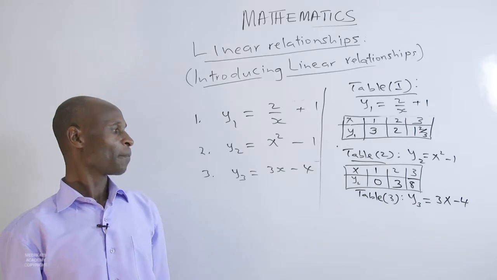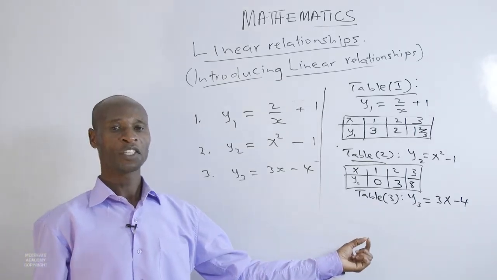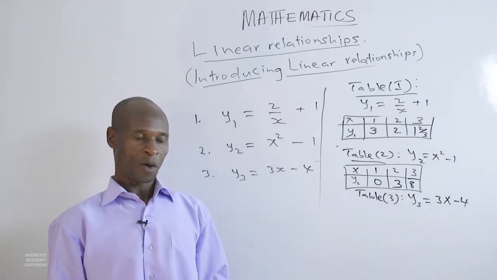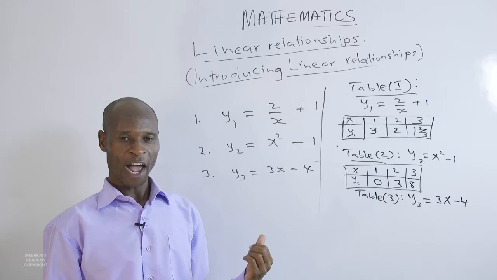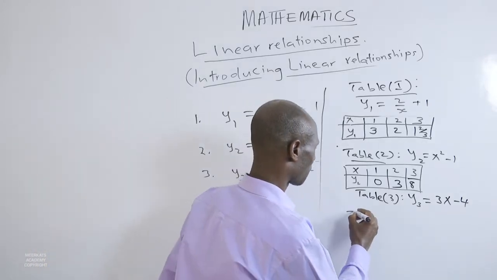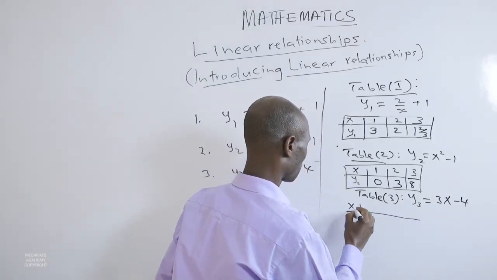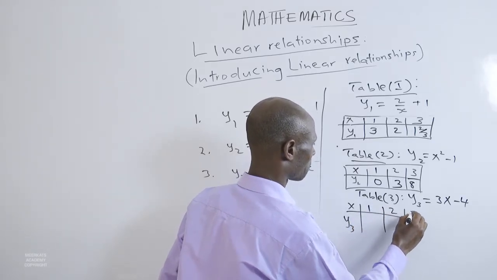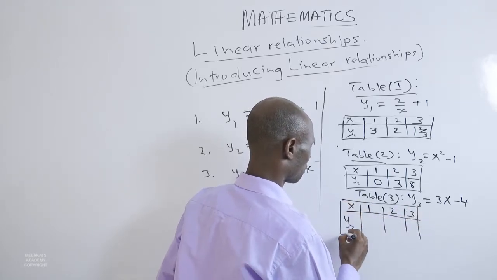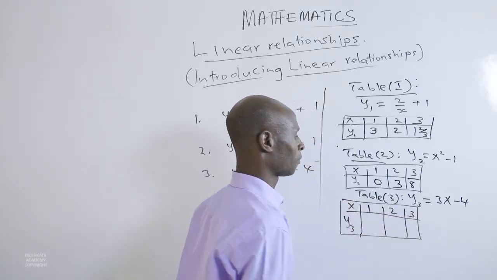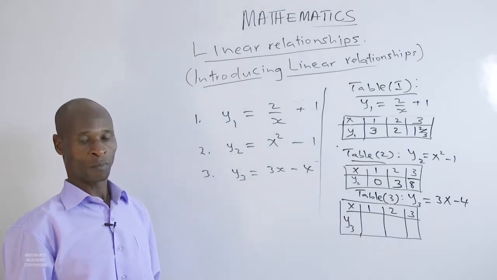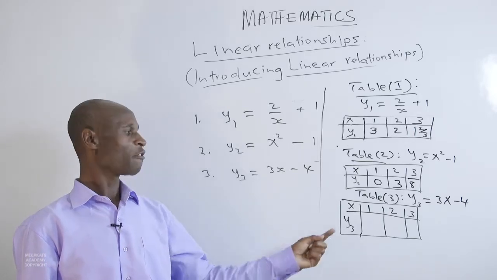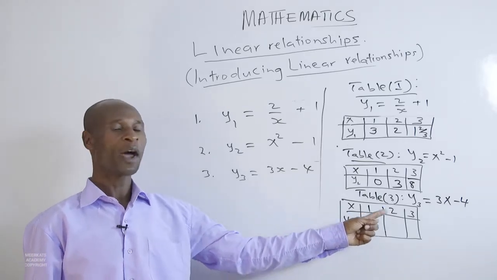Lastly, we consider our final relation, which is y3 is equivalent to 3x minus 4. We construct the table of values as follows. We substitute the first value of x as 1 in our relation.